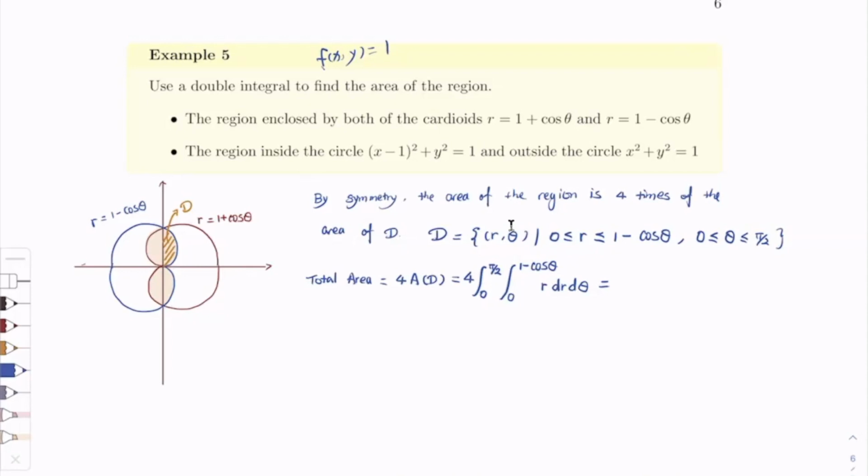We only have calc 1, 2, and 3. So 1 is 135, 136, 2 is 232, and 3 is vector calc, which is this course. Any other question?